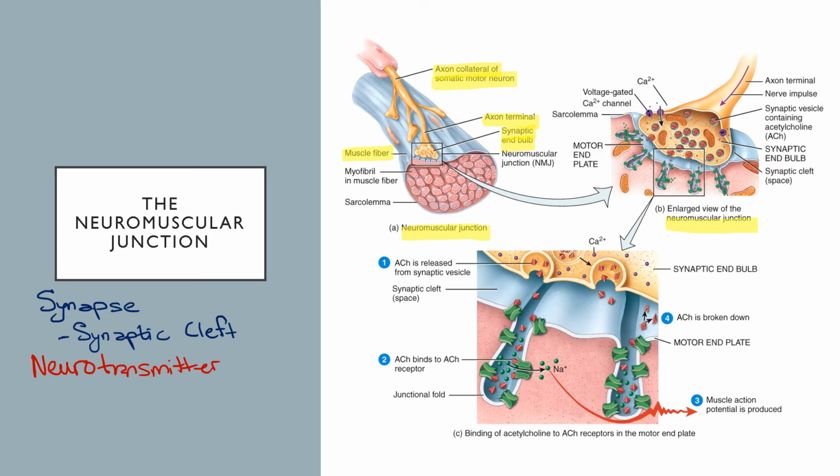And within each of these synaptic end bulbs, there's going to be hundreds of these membrane-enclosed sacs called synaptic vesicles. And these synaptic vesicles are going to be filled with neurotransmitters, those chemical messengers. Now, there usually are several different types of neurotransmitters used at different synapses, but between a neuron and a muscle cell, acetylcholine is used, abbreviated ACh.